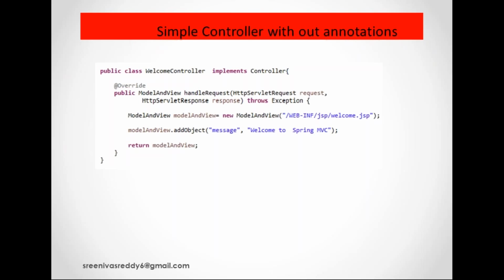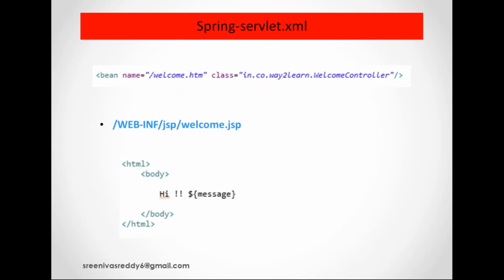So we will register this HelloWorldController as a bean in the Spring configuration file. Instead of using id, we will use name, because this is a URL, and we'll define some URL for this controller.